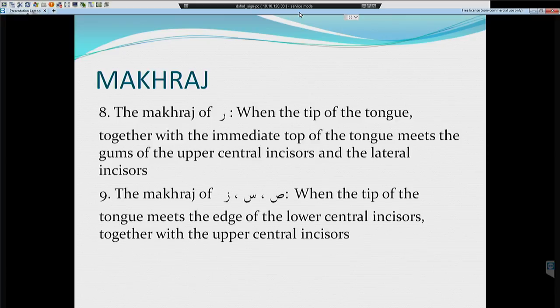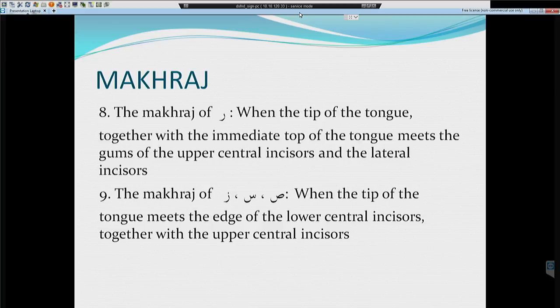Next one, the makhraj of za, sin, and sad. And this one you can really feel the s sound. Right? This is one of those letters where even when you're whispering, you can hear this letter still. You can't hide the sin, because the sin makes the hissing sound kind of. So the makhraj of za, sin, and sad, when the tip of the tongue meets the edge of the lower central incisors together with the upper central incisors.